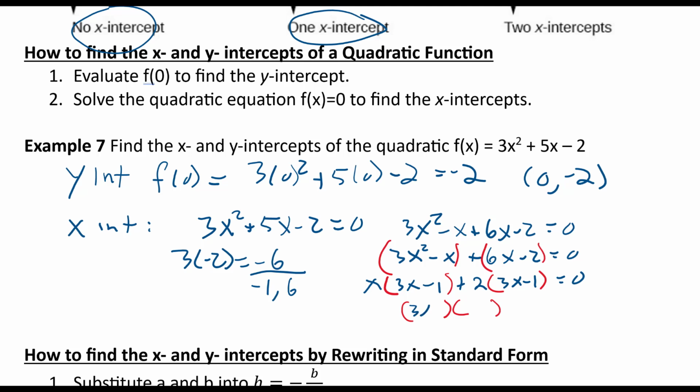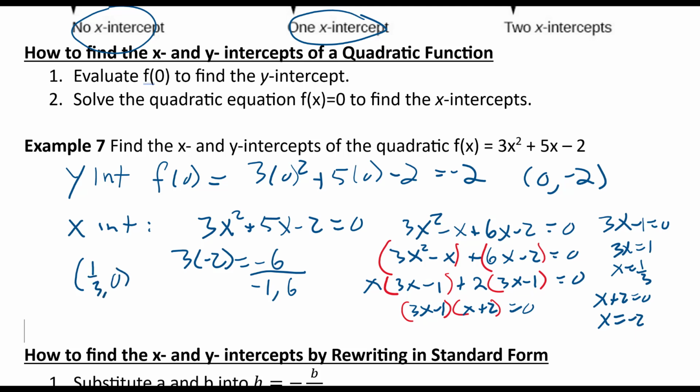So we have 3x plus 1 times x minus 2 equals 0. So 3x plus 1 equals 0 means 3x equals negative 1, or x equals negative 1/3. x minus 2 equals 0 means x equals 2. So the x-intercepts are going to be at negative 1/3, comma 0, and 2, comma 0.